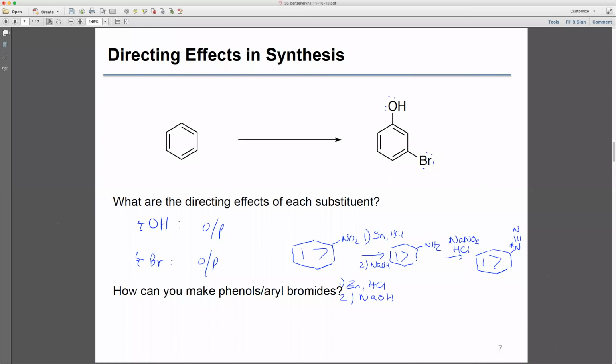We can treat this with copper(I) salts of halides and make bromides and iodides and fluorides. We can treat it with water and heat and make phenols. So if you see a phenol, this is the only way that you know how to make one, this series of 3 steps.